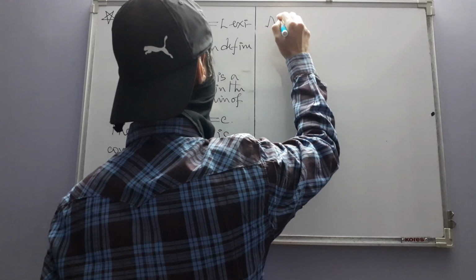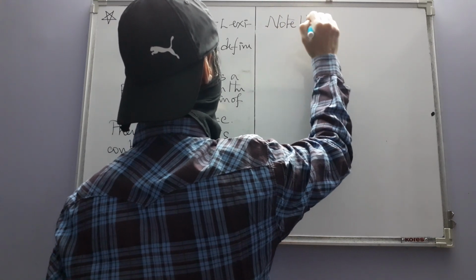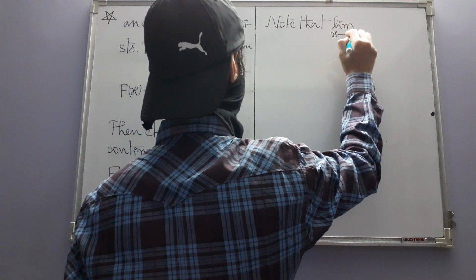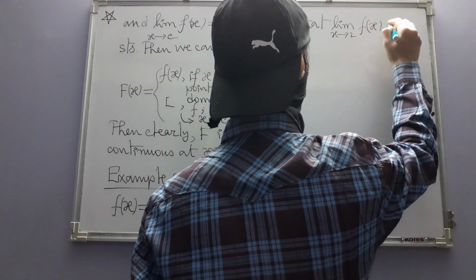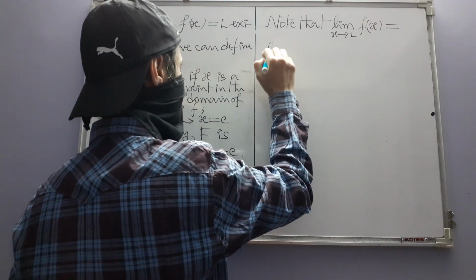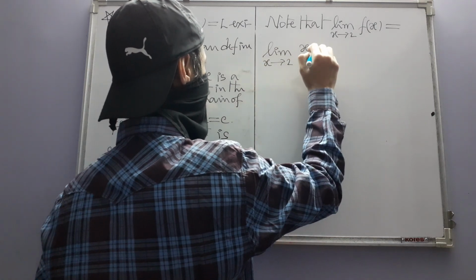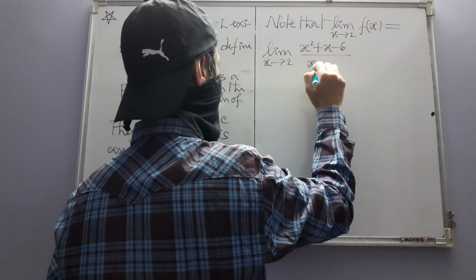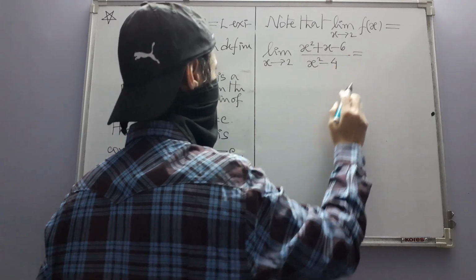Note that I straight away calculate the limit. So this is equal to the limit of x square plus x minus 6 over x square minus 4.